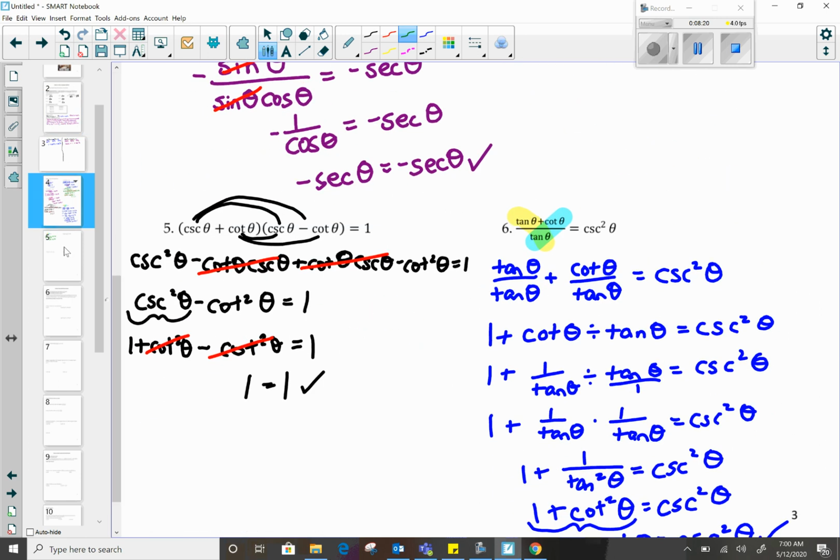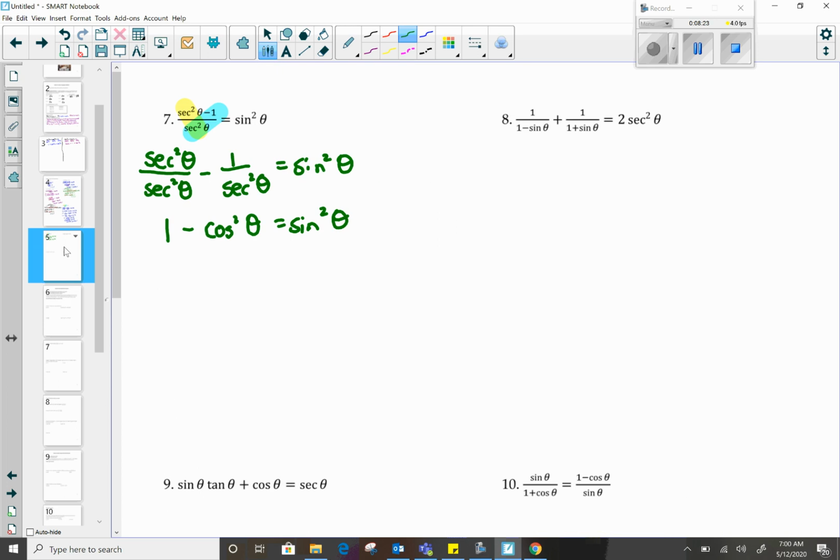And then I'm just going to bring down the minus cosine squared from above. Okay, and then condense. So cosine squared minus cosine squared. So we do end up with sine squared theta equals sine squared theta.